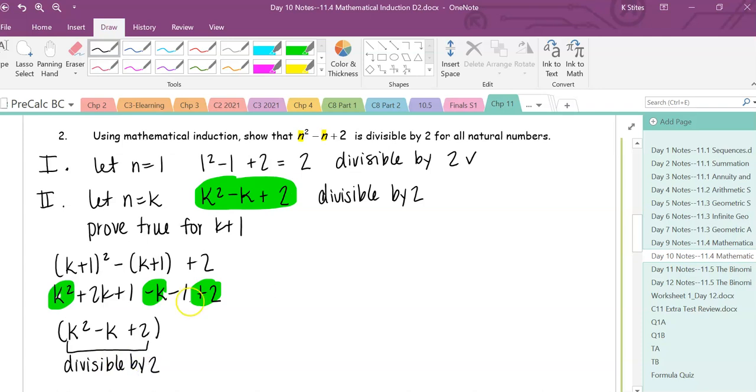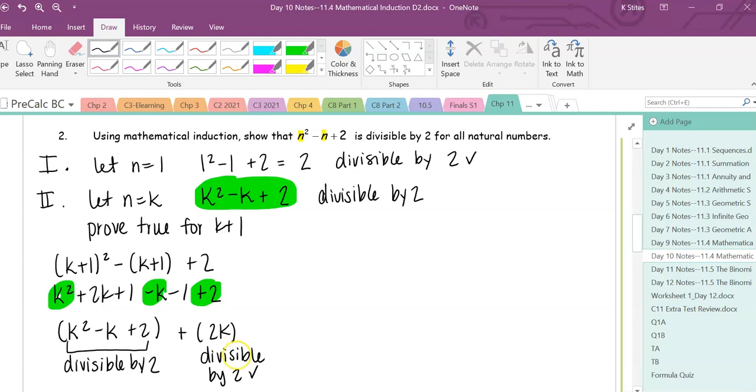And so now I'm going to put the rest of it together. There was a 2k plus 1 minus 1, which is just 2k. This I also know is divisible by 2 because it is a multiple of 2. All right, so here's the situation.